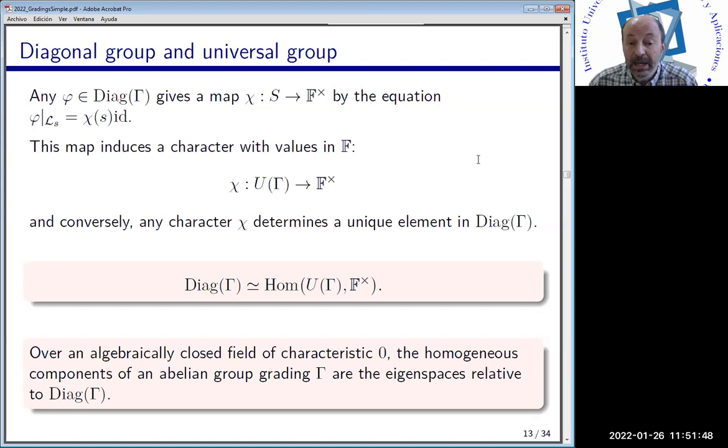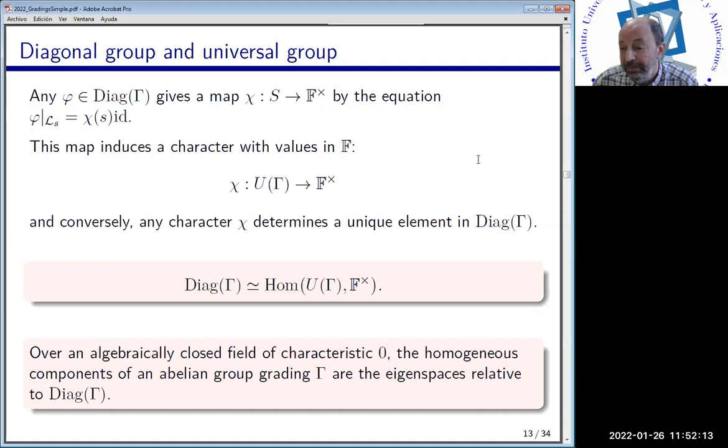That was the idea of Patera and Zassenhaus: in order to study gradings, one should study suitable abelian subgroups of the group of automorphisms of the algebra, and study the corresponding decomposition into eigenspaces for these abelian diagonalizable subgroups.